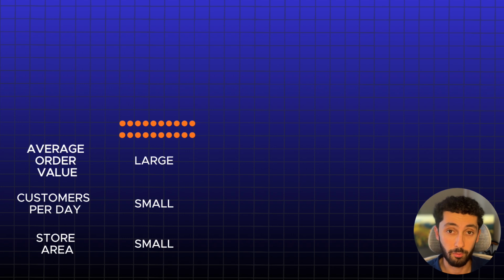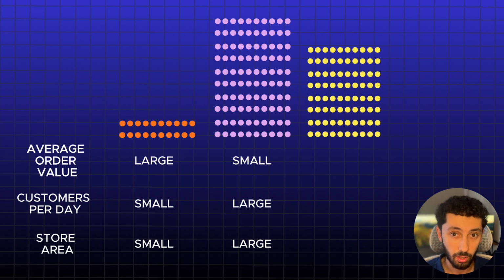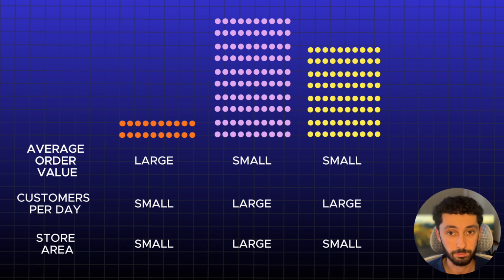Then another group would have 100 stores with a small average order value, but the area of the store is really big and there's a lot of customers that enter every day. And then the third cluster could have 80 stores where the average order value is small and the area of the store is small, but you still get a lot of customers per day. That's what k-means clustering will help us do.